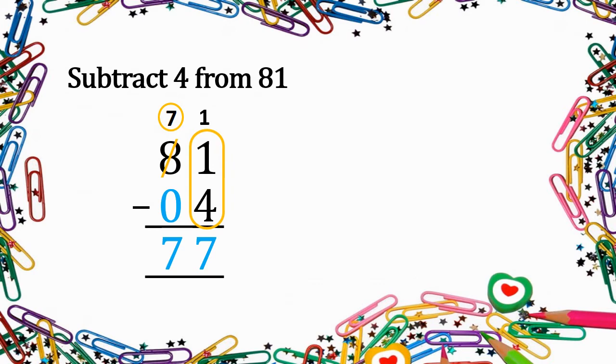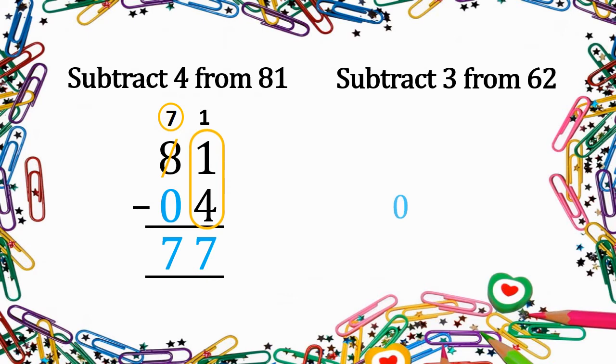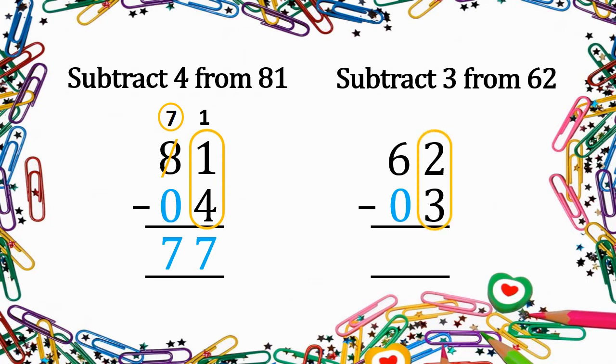Now, let's have another example. Subtract 3 from 62. 62 minus 3 is equal to... Now as 2 is smaller than 3, let's borrow 1 from neighbor 6.